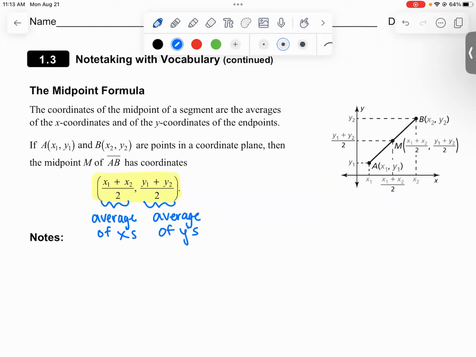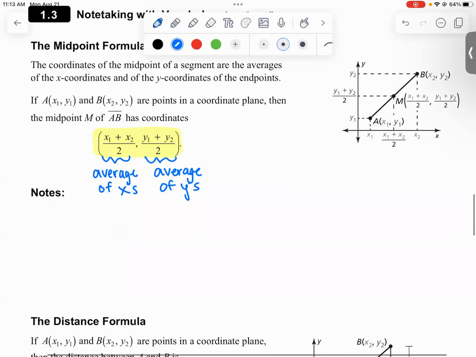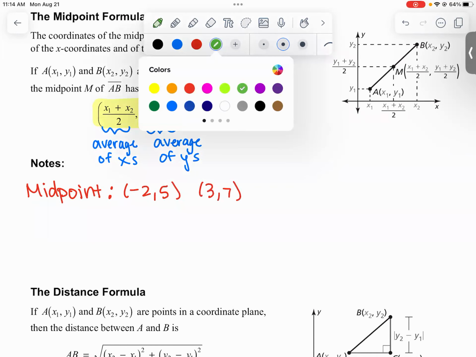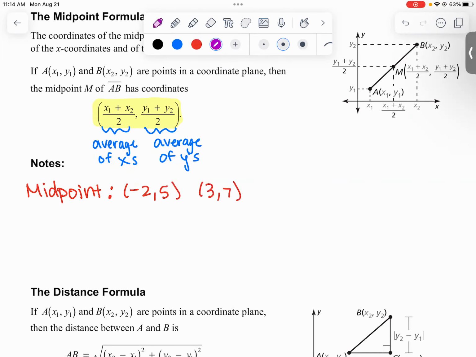Okay, so let's talk about what that looks like. Let's find the midpoint of (-2, 5) and (3, 7). All right, so this is all you're going to do. You are going to take the x's, -2 plus 3, add them together, divide them by 2.